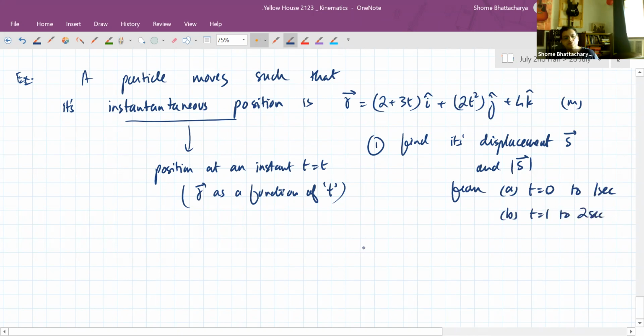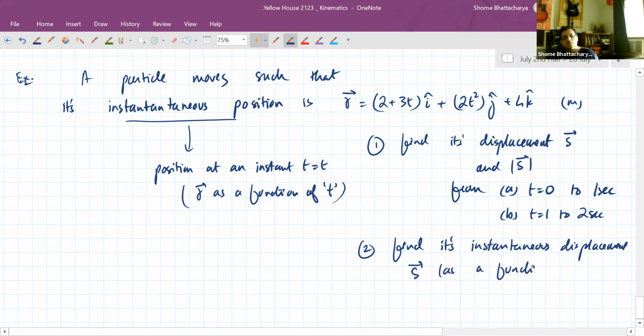Okay. And we'll also find its instantaneous displacement S as a function of time. So what we mean by the term instantaneous displacement now is basically the displacement from 0 to t.